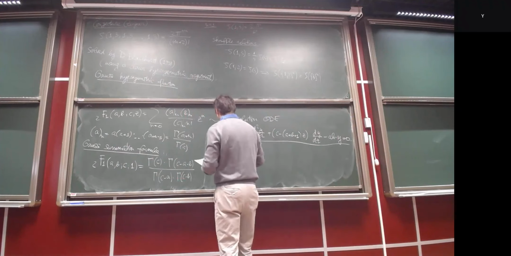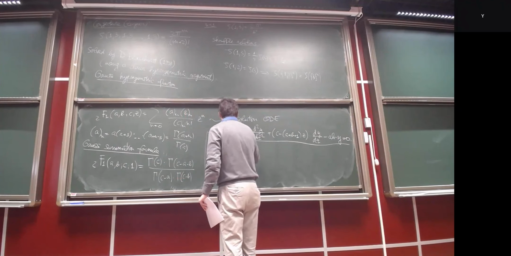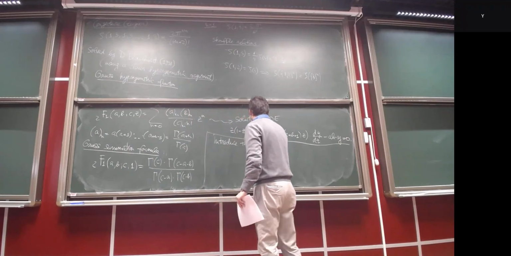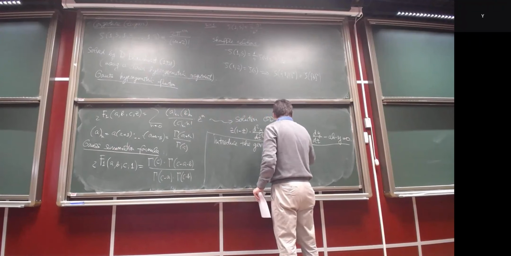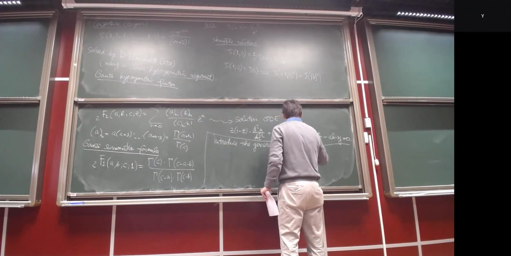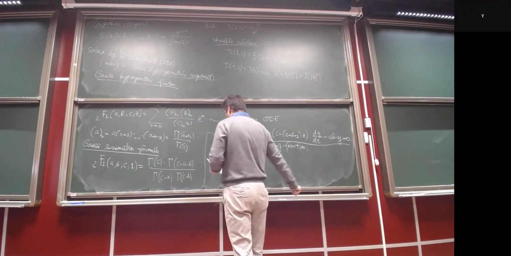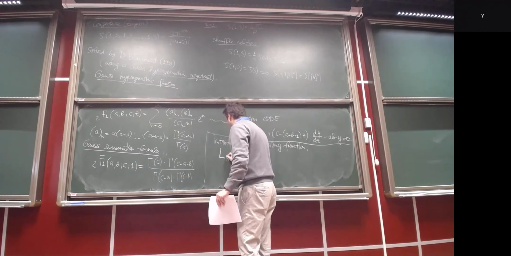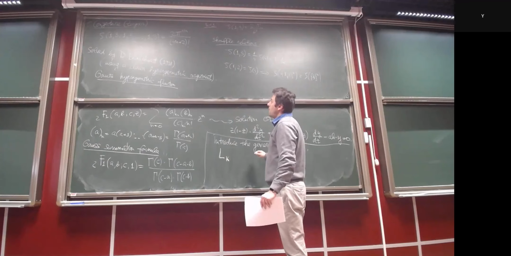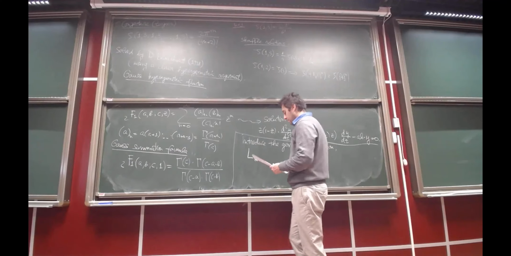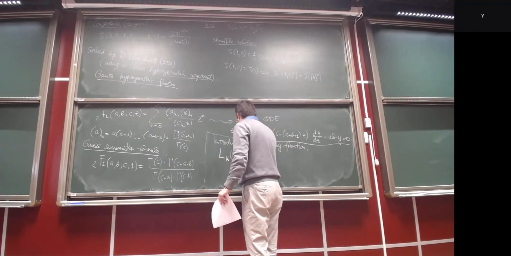And the way we're going to introduce this is a general way of introducing the generating function. I'm going to do it in the following way. This will be L of k, where k means k1, k2, up to kr, of these variables z, t.